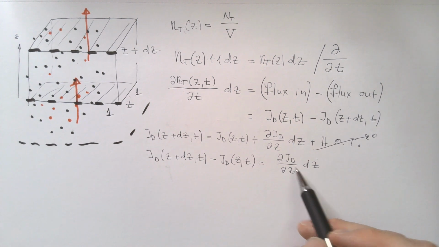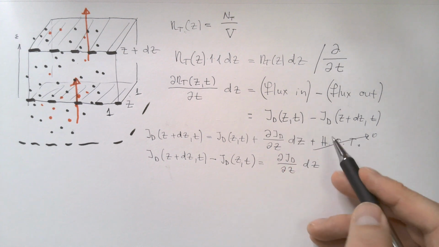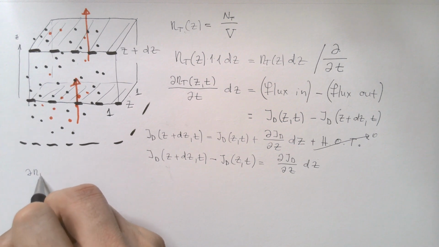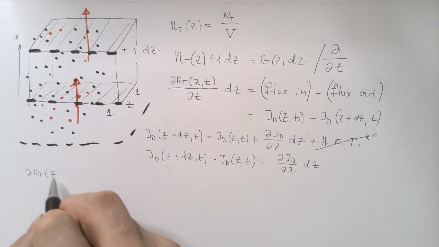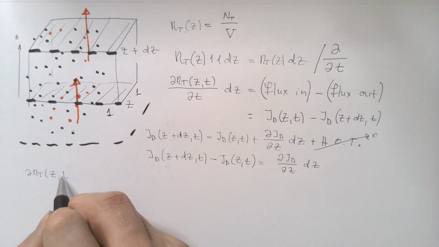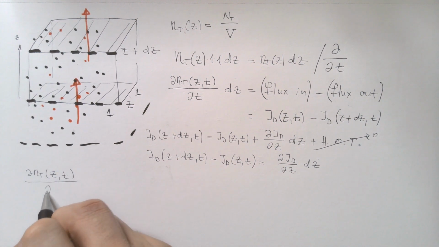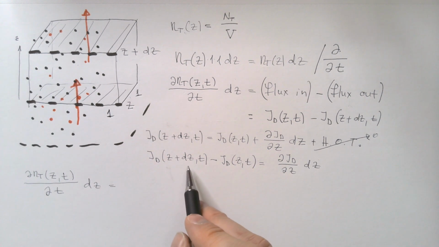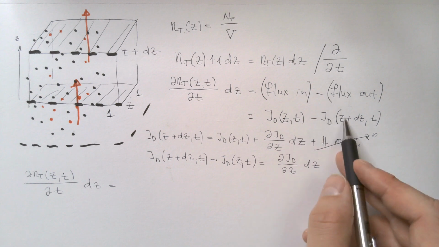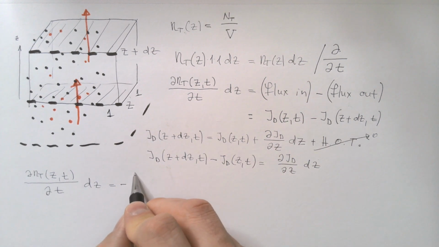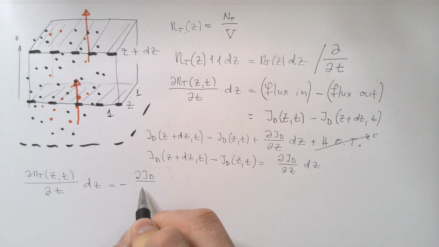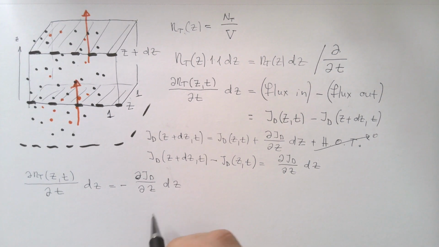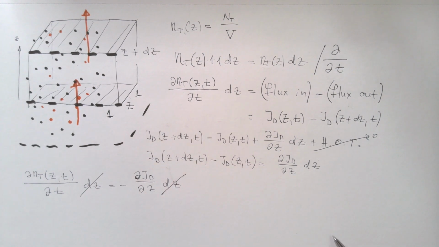And now I can substitute this expression over here, and I will get that ∂nt at height z and time t, ∂t times dz is equal, you will notice that this expression is negative of this expression, so that will be negative ∂jd/∂z times dz. dz and dz cancels.